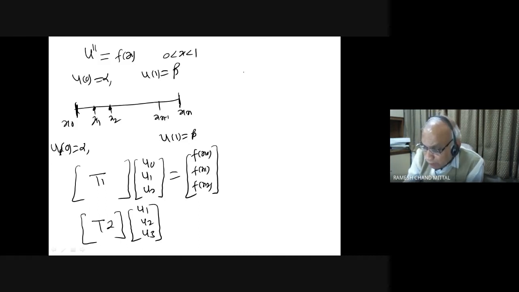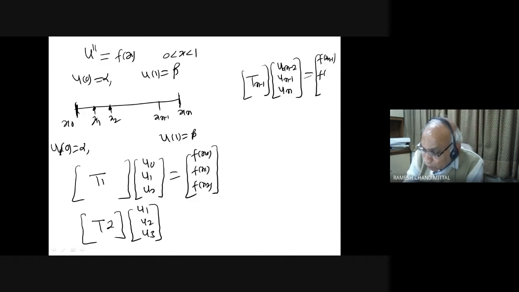I will have a total of T(n-1) matrices here, and u(n-2), u(n-1), and un, and then accordingly f of x(n-1), f of xn.